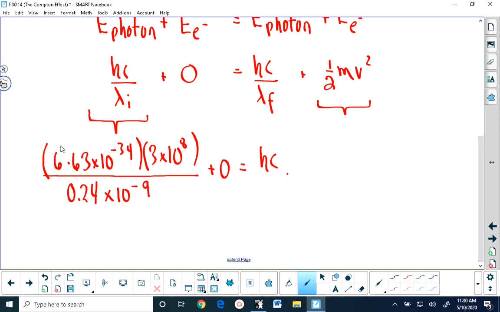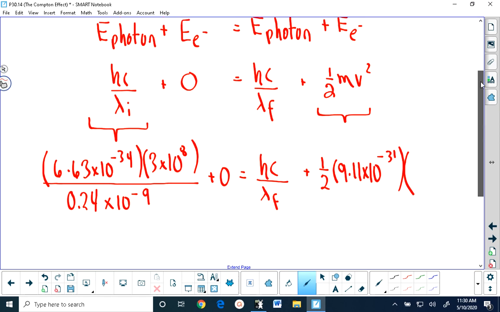Afterwards, we're just going to leave this term the way it is, and then we're going to have 1/2 times the mass of the electron multiplied by the speed squared.